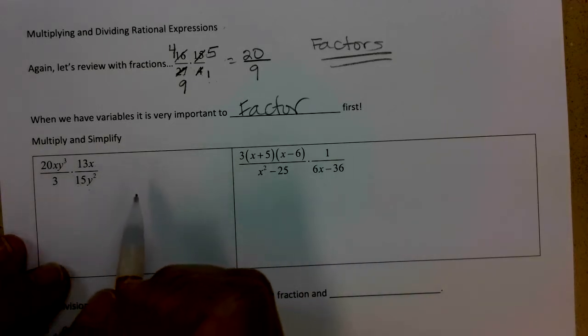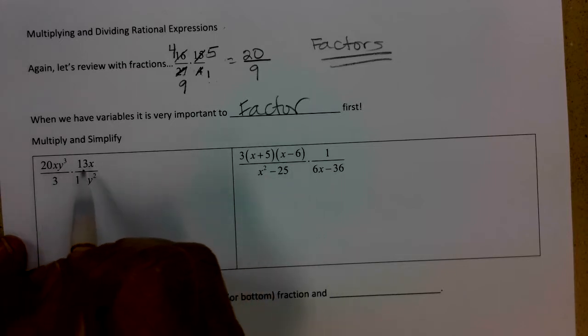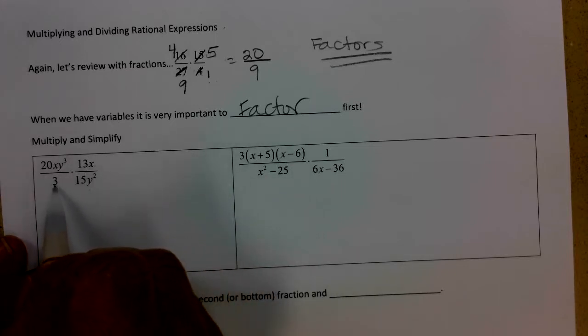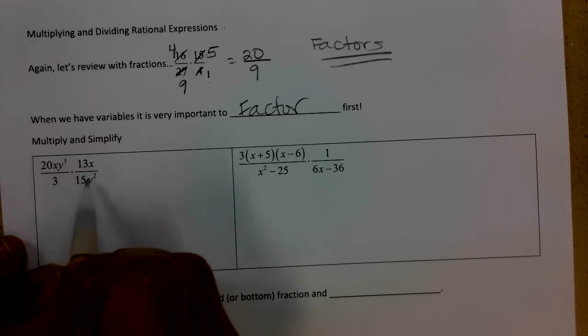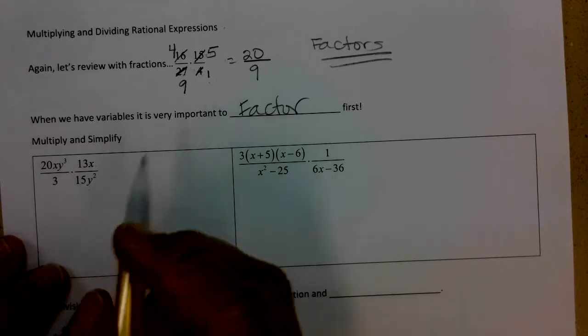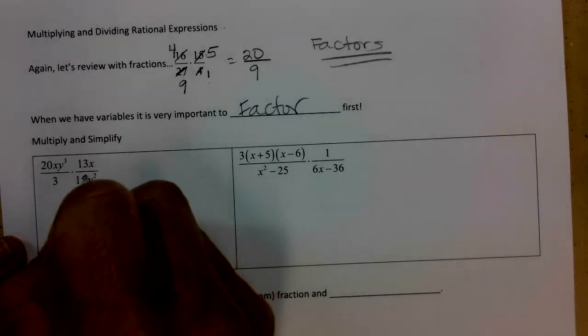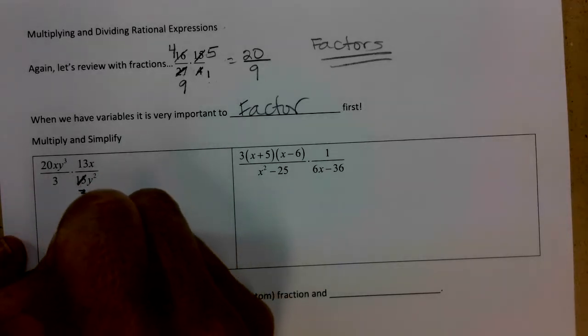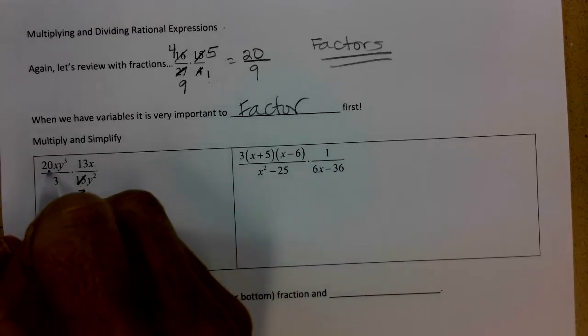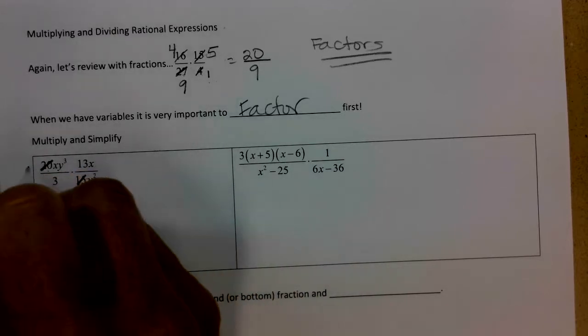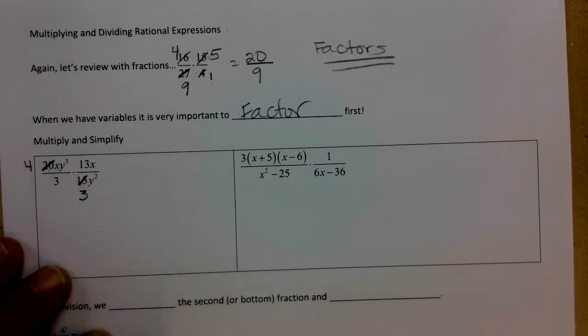Well, let's look at just the number parts first. So 20, 13, do they have anything in common with 3 to 5? 3 to 15. 5, right? So 5 goes into 15 and 5 goes into 20. So we'll go ahead and take the 5 out of the 15. Leaves behind a 3. 5 out of the 20. Leaves behind a 4.